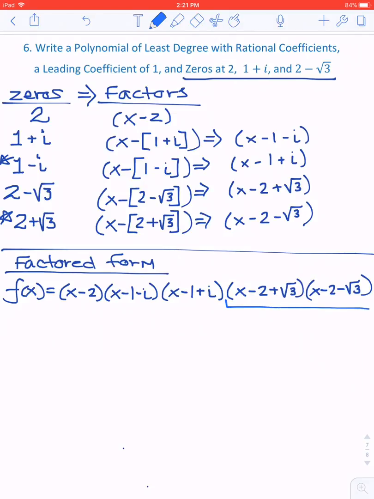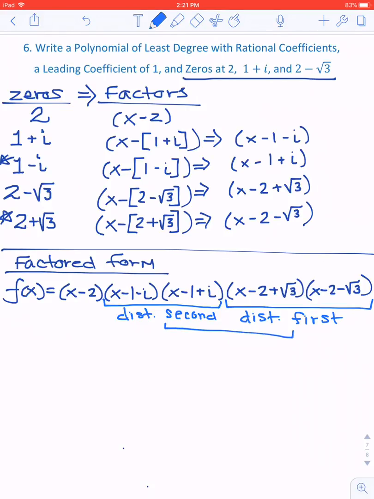So which ones would you distribute first? Okay, distribute your irrationals. Which ones do you distribute second? Your imaginary. What do you do with those?